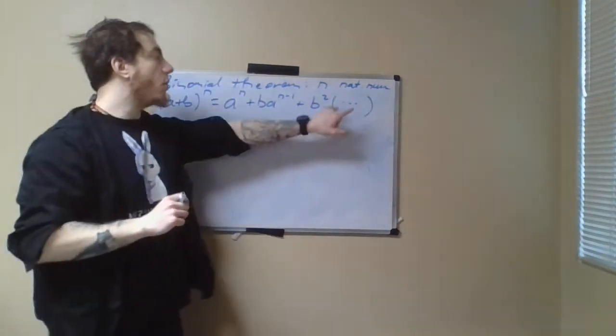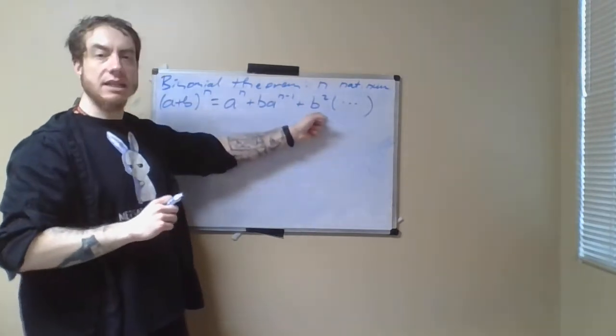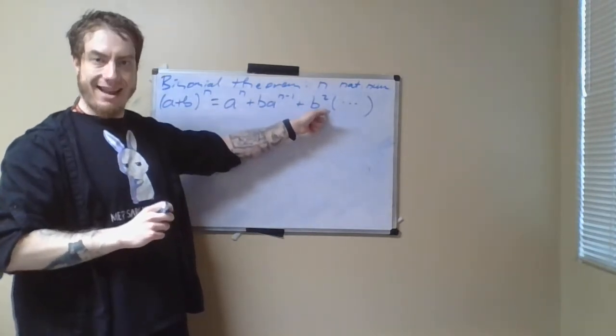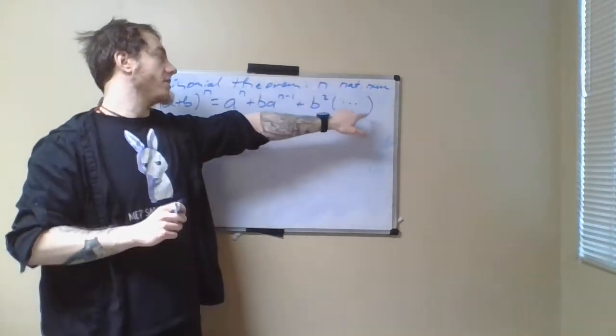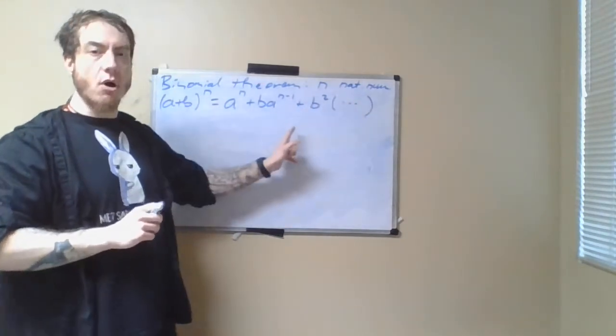And the point is, all of this stuff has at least a b squared in it. In other words, I can factor a b squared out of all of this stuff.